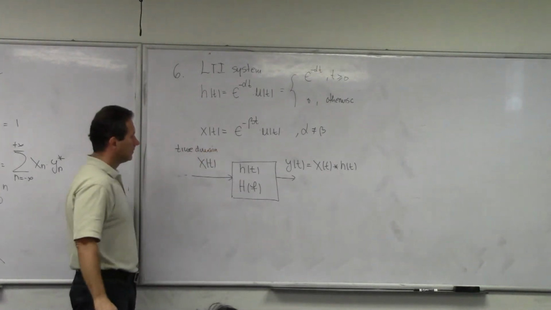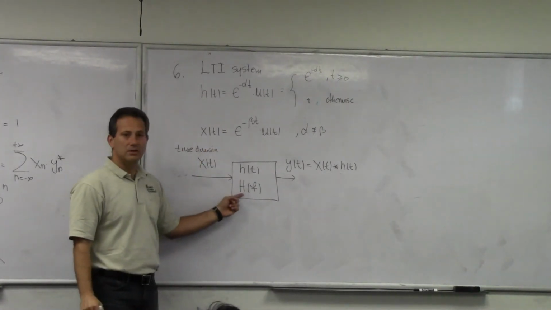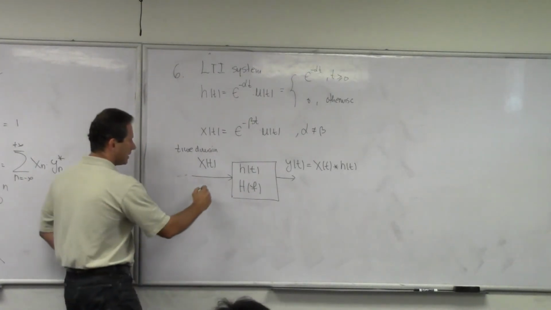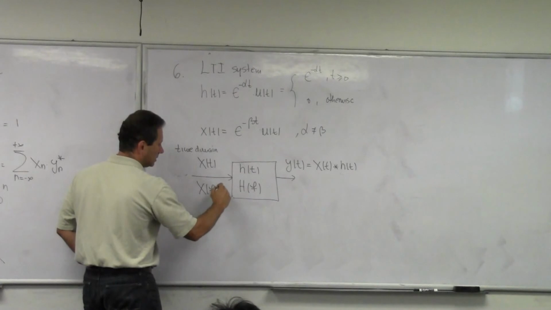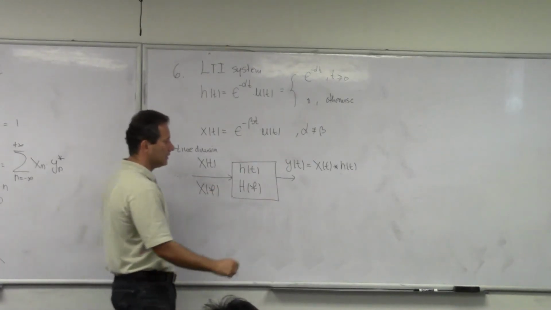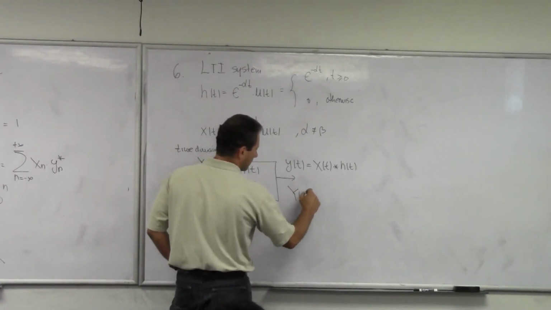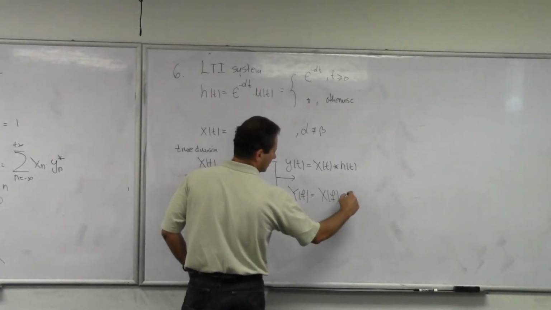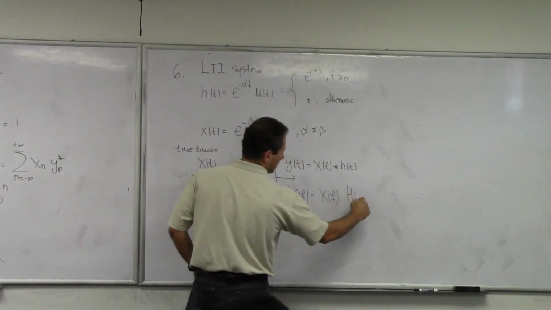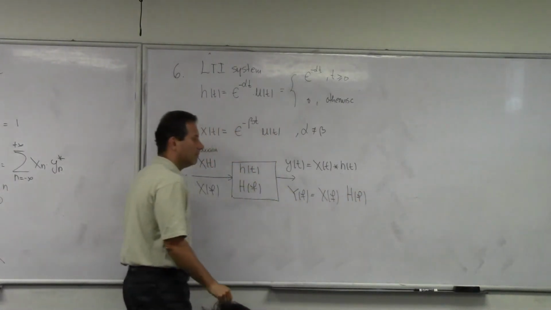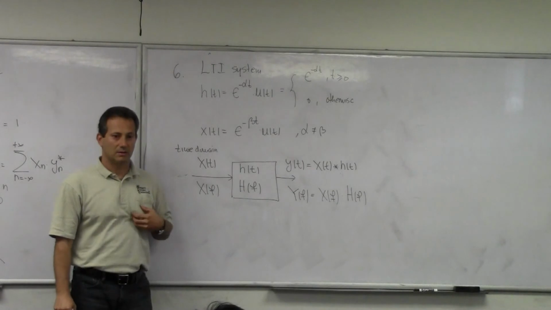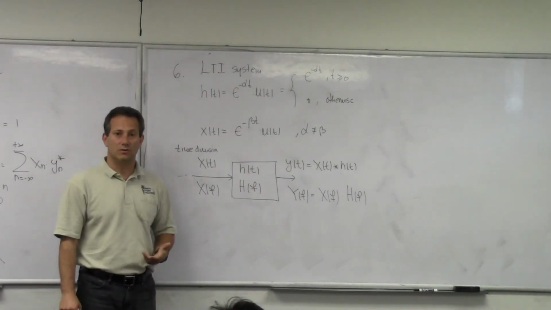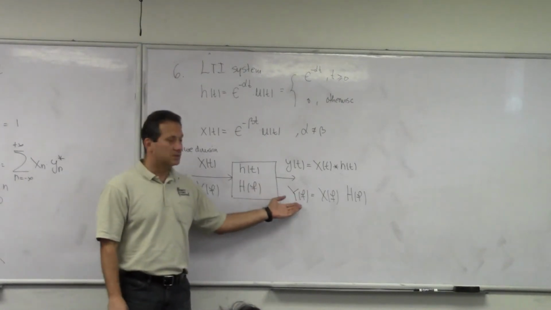Alternative to the time domain, since I already have the frequency response, which is the Fourier transform of the impulse response, I can find x of f, which is going to be the transform of the input. And then I get y of f as x of f times h of f. In most cases, taking the multiplication is far easier than doing the convolution. So we prefer this representation here.